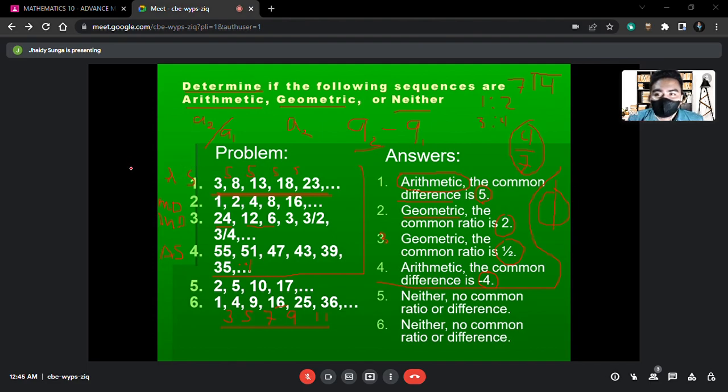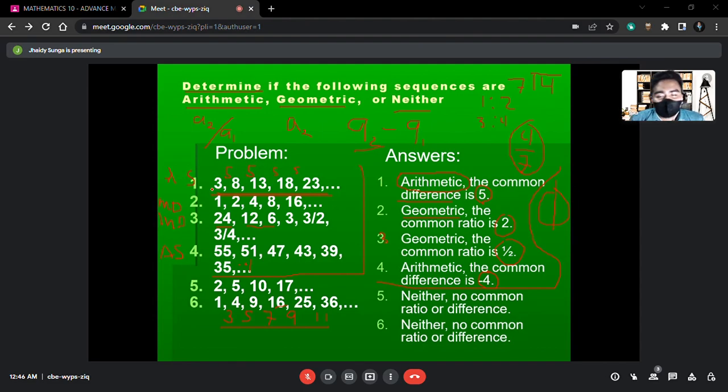From 3 it becomes 8, so it increased by 5. From 8 it increased to 13. So as we follow through, we have this positive common difference, then the sequence is increasing. Therefore, if we see a sequence that is increasing, we could say that it has a positive common difference.